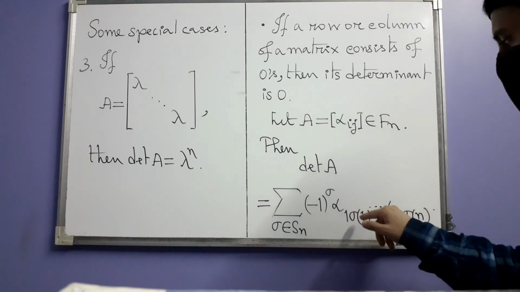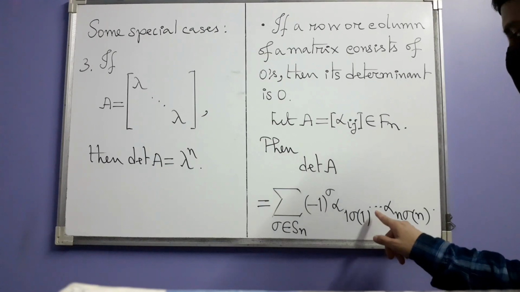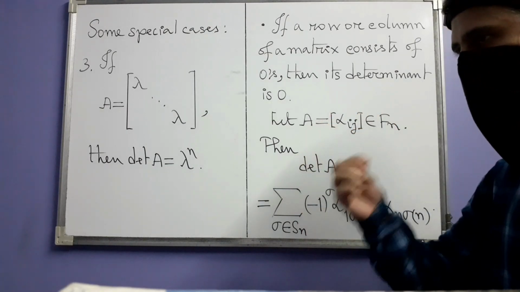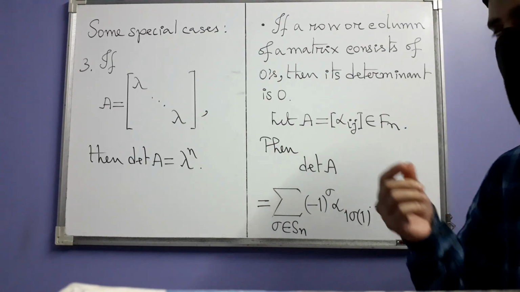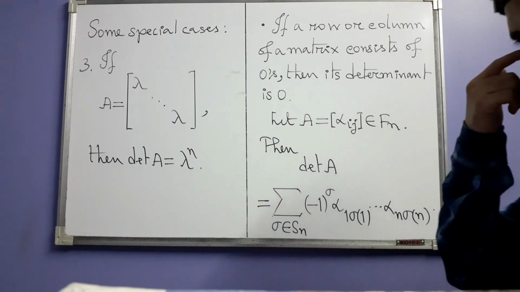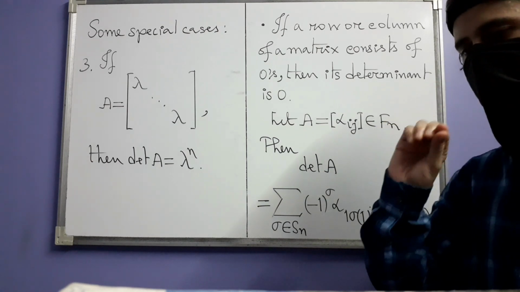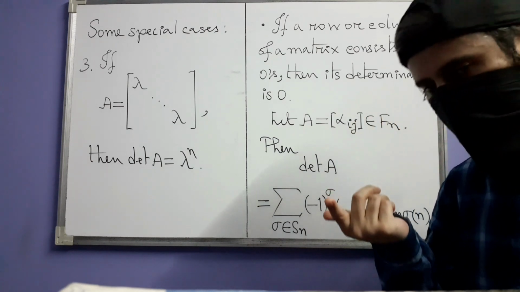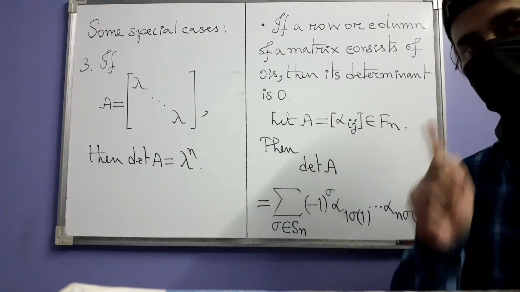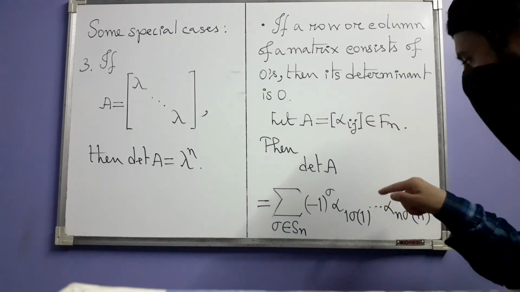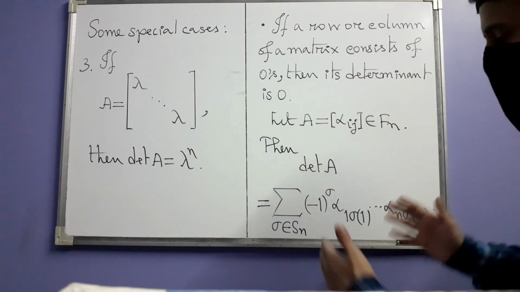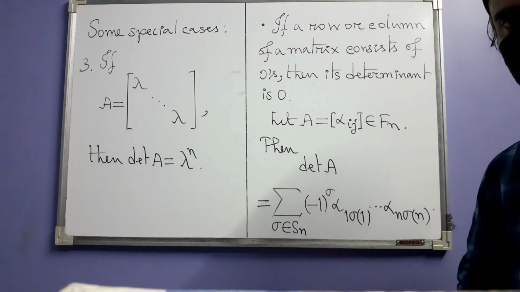You just start looking at the alphas and eventually you reach that entry which is alpha I sigma of I. Because the ith row of A consists only of zeros, it does not matter what the second index sigma of I is. Because the first index is I, that entry, alpha I sigma of I, is equal to 0. And that entry will appear in every such term in this sum.